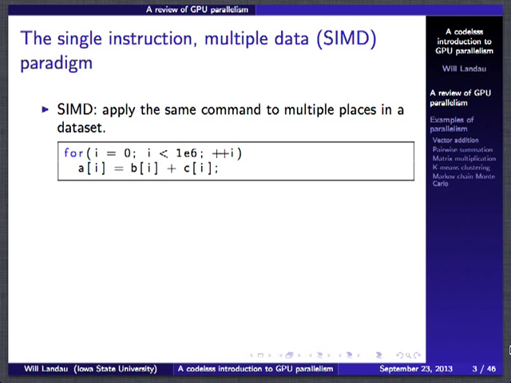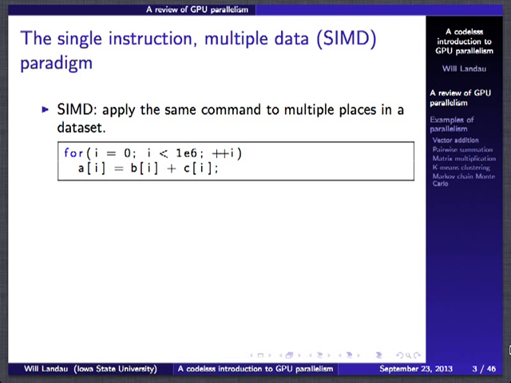The classic example is a for loop, where I'm taking vector B and vector C, both with at least a million elements. For i equals 0 to a million minus 1, I am just adding the ith component of B and the ith component of C together and storing it as the ith component of A.